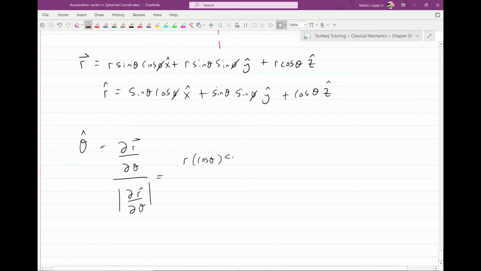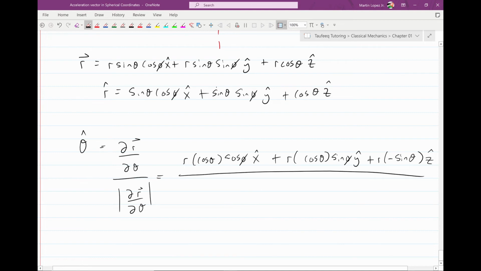So this is going to be r cosine theta cosine phi x hat plus r cosine theta sine phi y hat, plus this one is negative sine theta z hat.